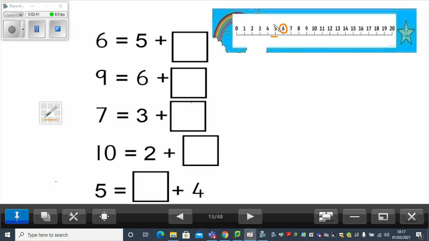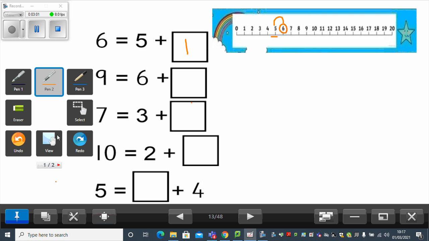Well, let's count the steps. So if we're starting from 5, we need to do 1 jump up our number line. So 5 add 1 equals 6. Or 6 equals 5 plus 1.